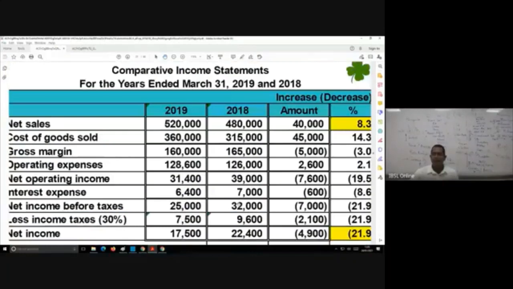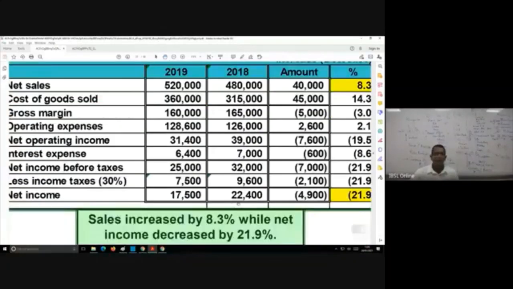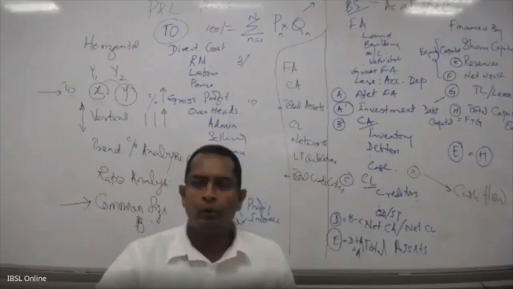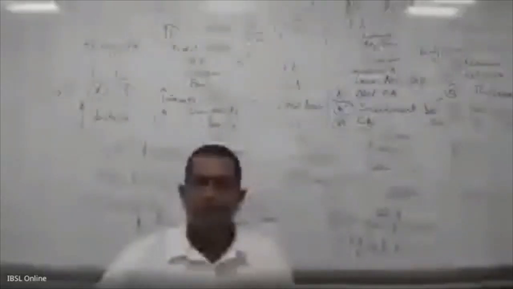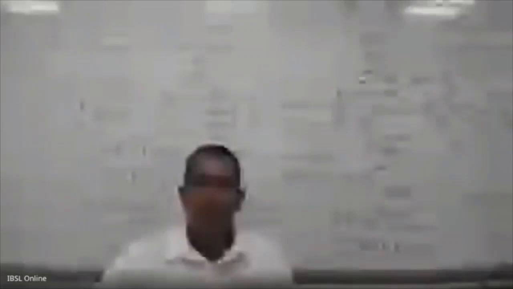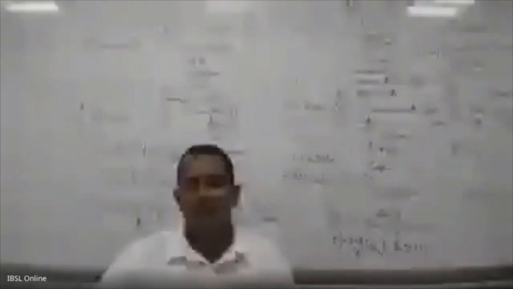P&L also the same. See this one, net sales 590 to 480. So 40,000 increase, which as a percentage is 8.3% increase. 40 divided by 480, so it is 8.3. Cost of goods sold, that also is a 45,000 increase, which is 14.3.